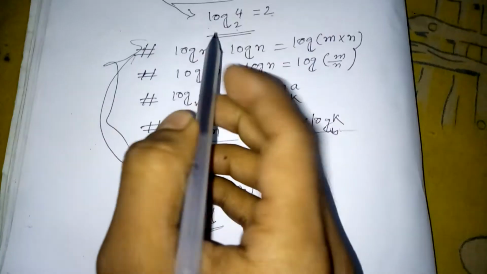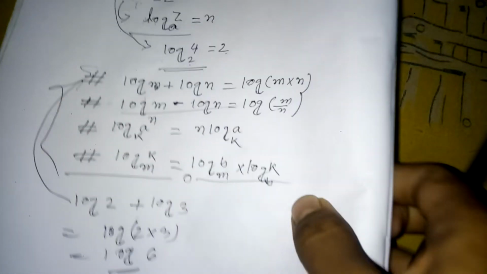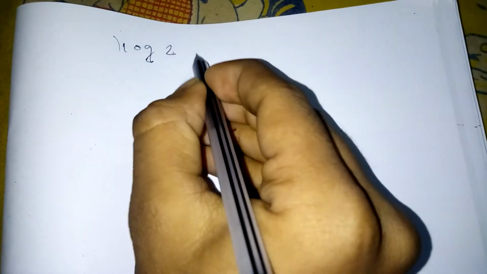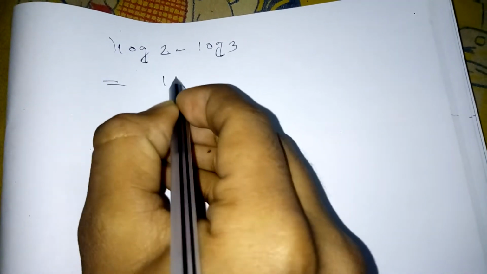Similarly, from the second formula we can write log of 2 minus log of 3 is equal to log of 2 by 3.